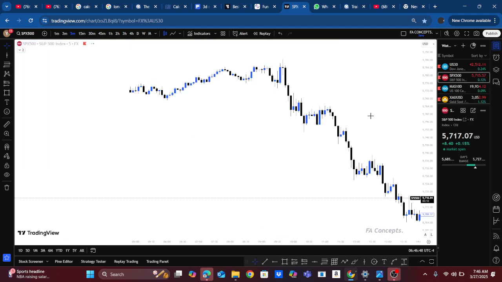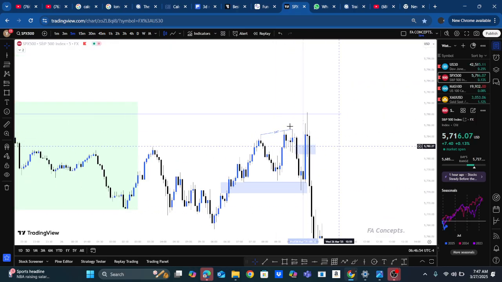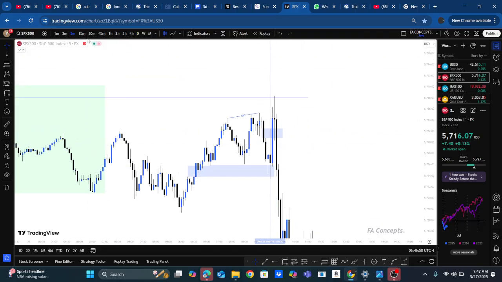But on SPX, we had this manipulation move, right? So we had the SMT. We took out these highs. As you can see, it was a nice double liquidity sweep with a 30-minute imbalance. We took out these lows and then came up for more liquidity, right?